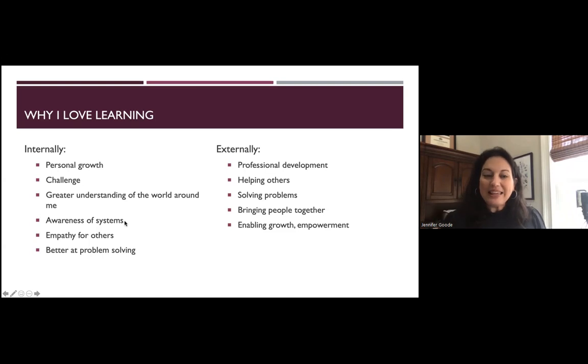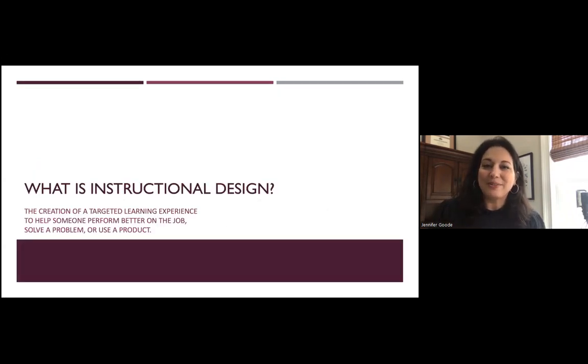So if these things are true about you too, then obviously instructional design might also help you to grow and to unleash your superpower in learning in part of your professional career. So what is instructional design? Now, this is not a textbook definition. It's not what anybody said.